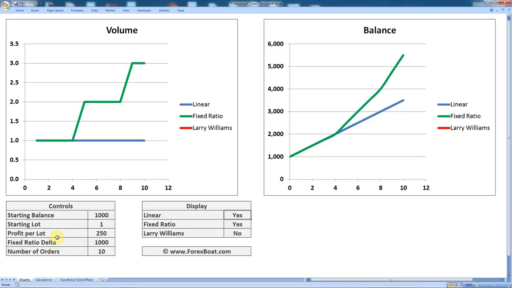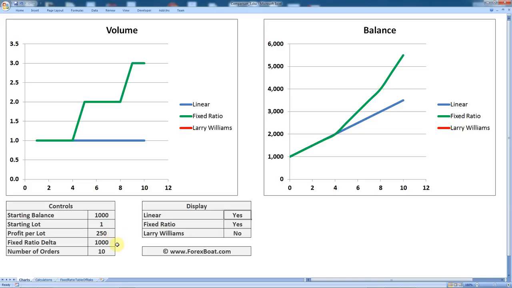Then you can specify the profit per lot. Once again, it can be a completely random number. It can be a desired number, so you'd like to have profit per lot of that magnitude. Or you can actually go and look at your history of trading for the past couple of months and see what your average profit per lot was, and that'll probably be a good proxy for this number. If you plug it in, you will be getting closer and closer to a scenario that's very much like yours, your actual trading setup.